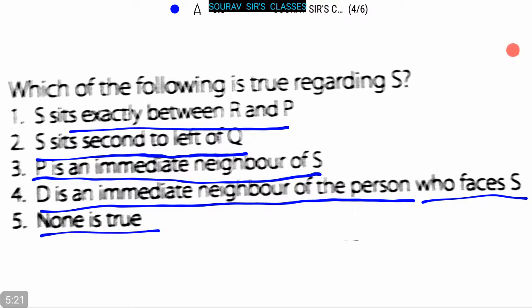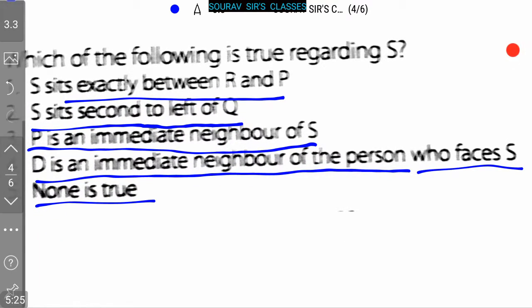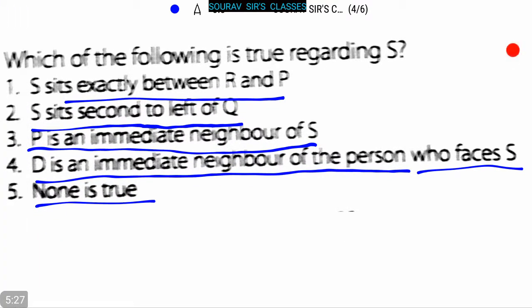Now, from the sequence, we can easily say that none is true, so the answer is option 5. So none of this information about S is correct.